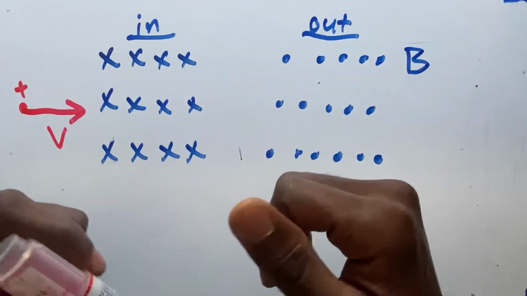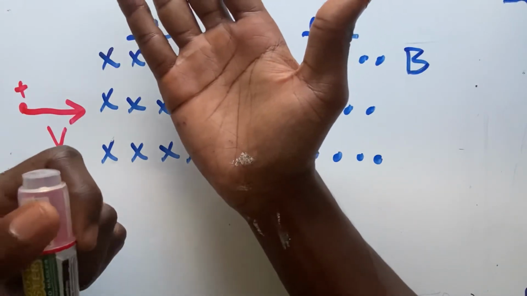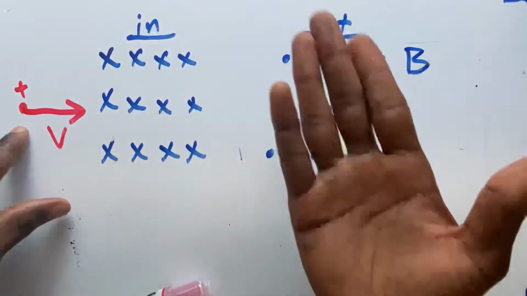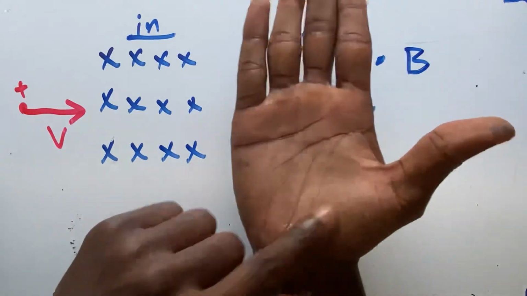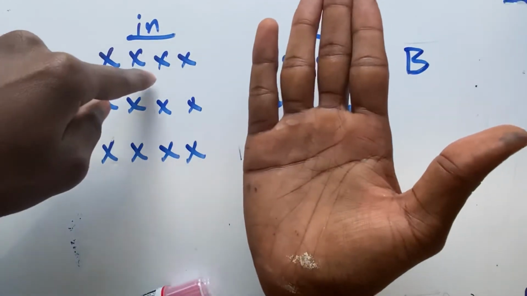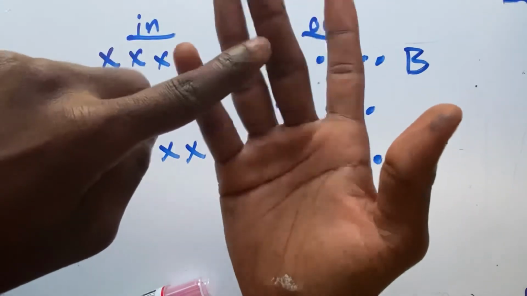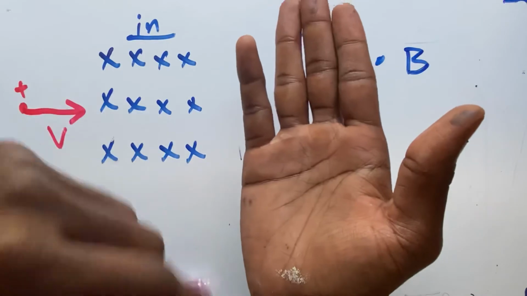So let's do the right-hand rule here. So again, taking our right hand, my thumb is going to be the direction of the velocity. So our thumb is going to point towards the right. And here, notice that the magnetic field is going to point into the board. So my fingers are going to be pointing downwards.